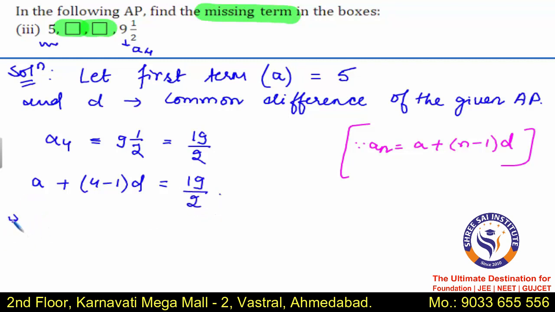That is A plus 3D is equal to 19 upon 2.